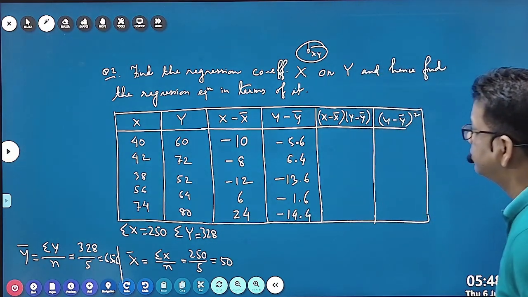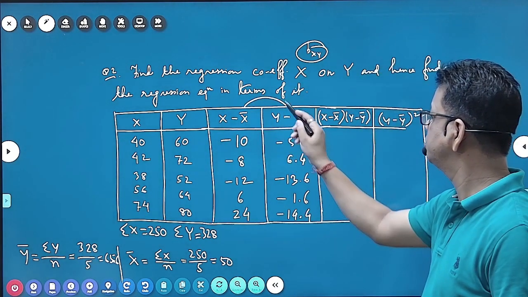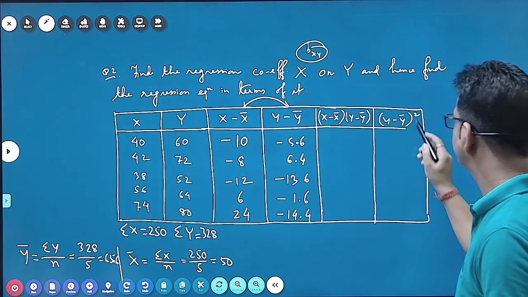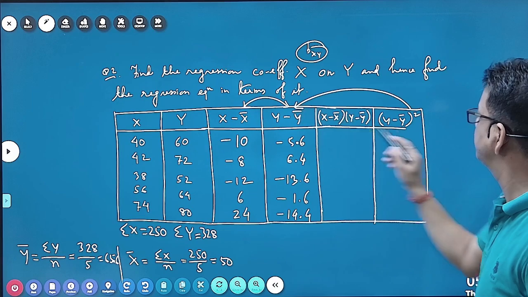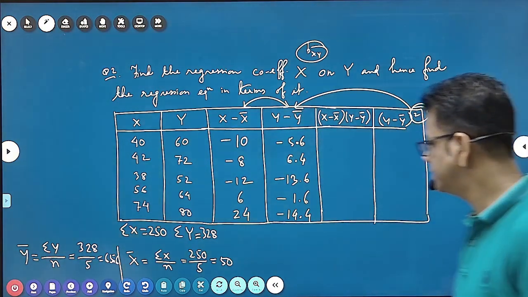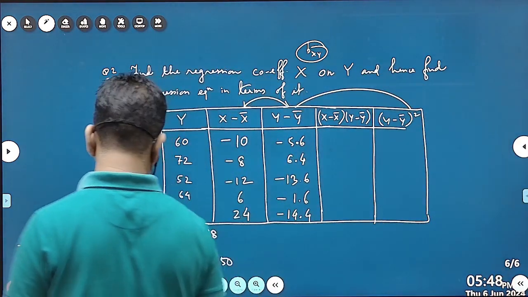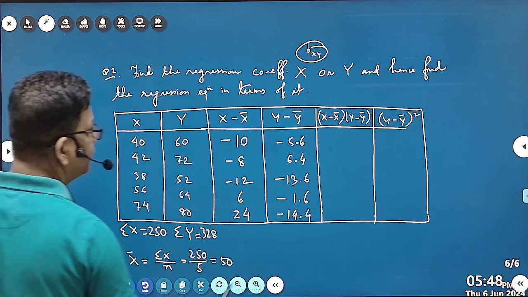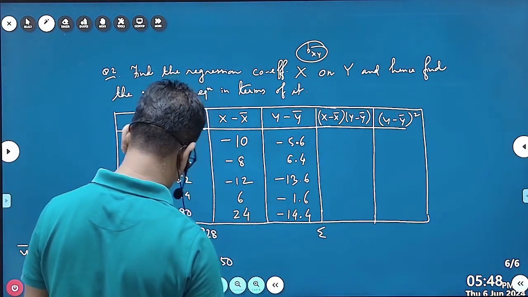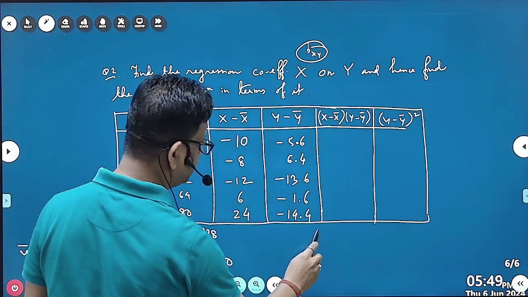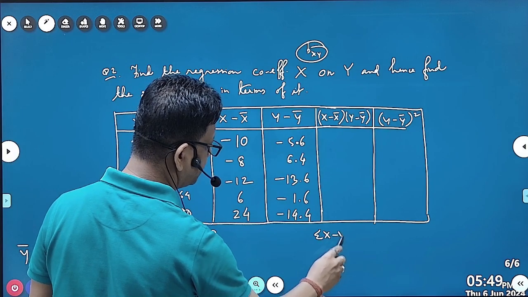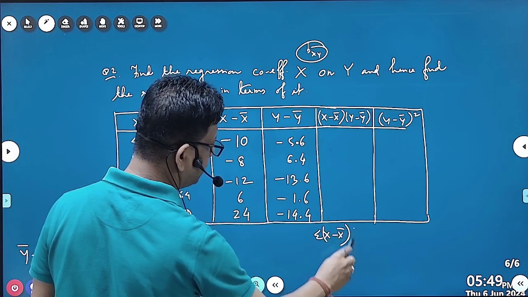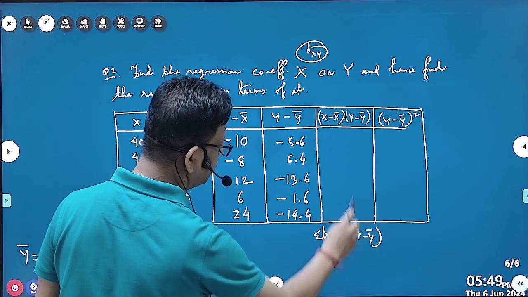Now, as you know, we need to multiply these two. We also need to do the whole square of this one. And we need the summation of this column. We need the summation of x minus x bar multiplied by y minus y bar, so this column we need to sum up.